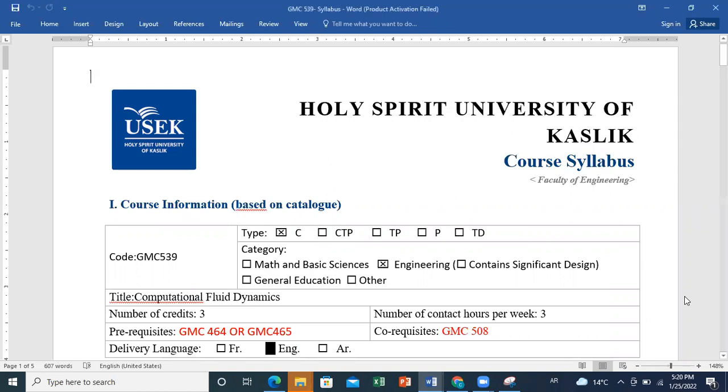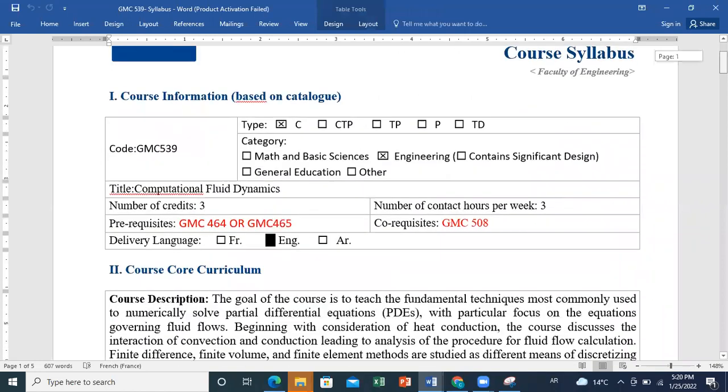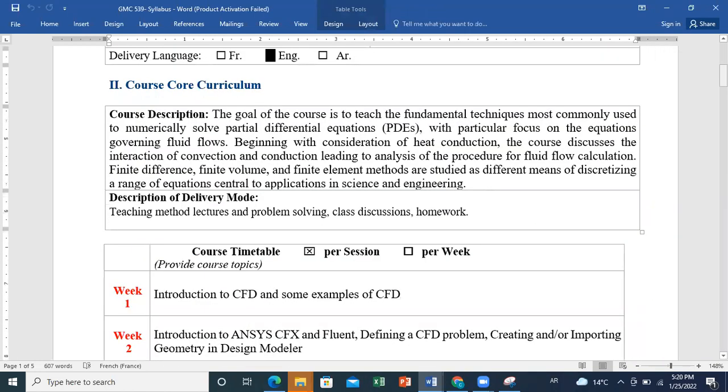So to start with, we'll go over the syllabus of the course. The goal of this course is to teach the fundamental techniques used in CFD. CFD is computational fluid dynamics. It consists of numerically solving partial differential equations. You were already introduced in fluid mechanics to the Navier-Stokes equations, if you remember.